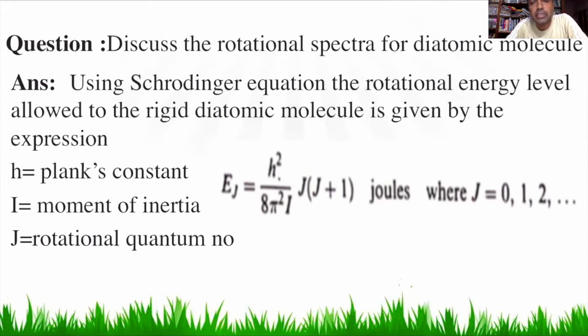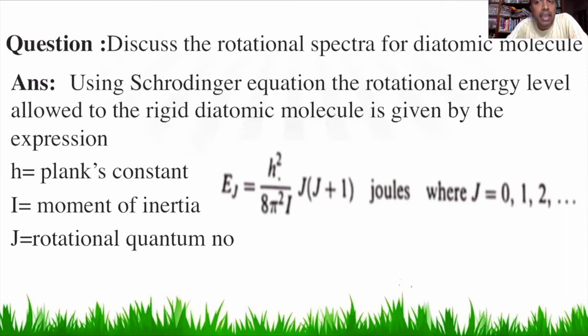For any rigid diatomic molecule, the energy is expressed as E_J equal to h square divided by 8 pi square I into J into J plus 1, where J represents the rotational quantum number.